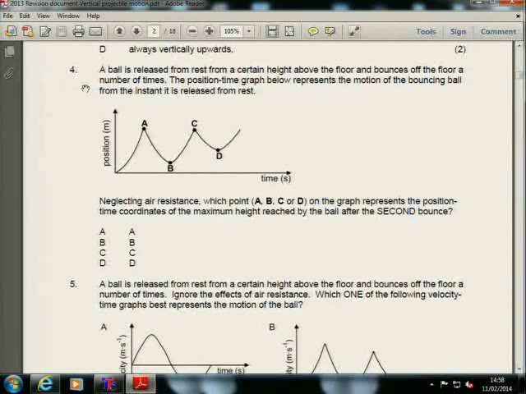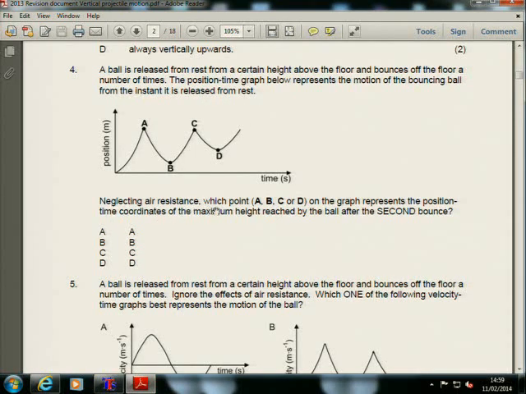Right, now let's look at the next one. Question number 4. A ball is released from rest from a certain height above the floor and bounces off the floor a number of times. The position time graph below represents the motion of the bouncing ball from the instant where it is released.